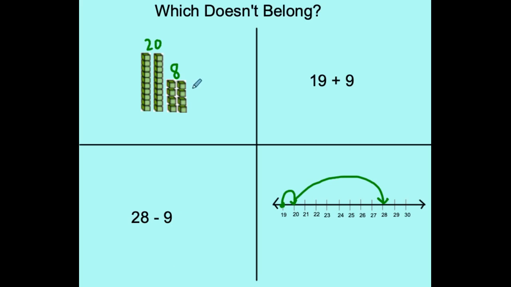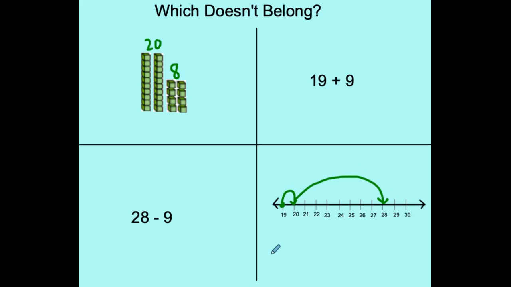Maybe you're saying this one doesn't belong because it's the only one not showing 19. Let's see, because this one shows 19 and this one shows a 19, and this number line starts at 19. How many hops is this taking? Let's see.